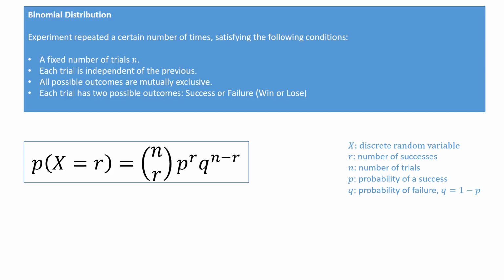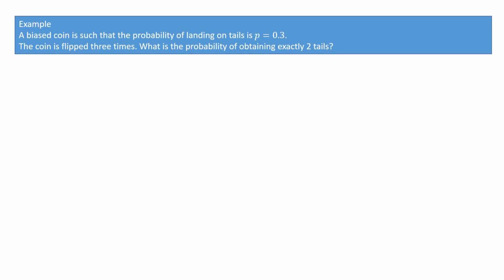Now let's go ahead and look at a quick example of how we may use this. Okay, we're given an example in which we're told that a biased coin is such that the probability of obtaining tails is p equal to 0.3. We're then told that the coin is flipped 3 times, and we're asked what is the probability of obtaining exactly 2 tails.